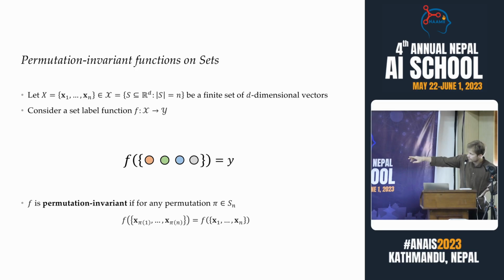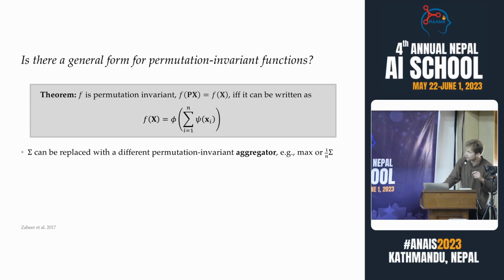So basically there are mathematical formulas for how you would write permutation invariance. And now we can ask, what are the permutation invariant functions? There are theorems, mathematicians and computer scientists have thought about these. And in fact, you can find nice parameterizations for these invariant functions.